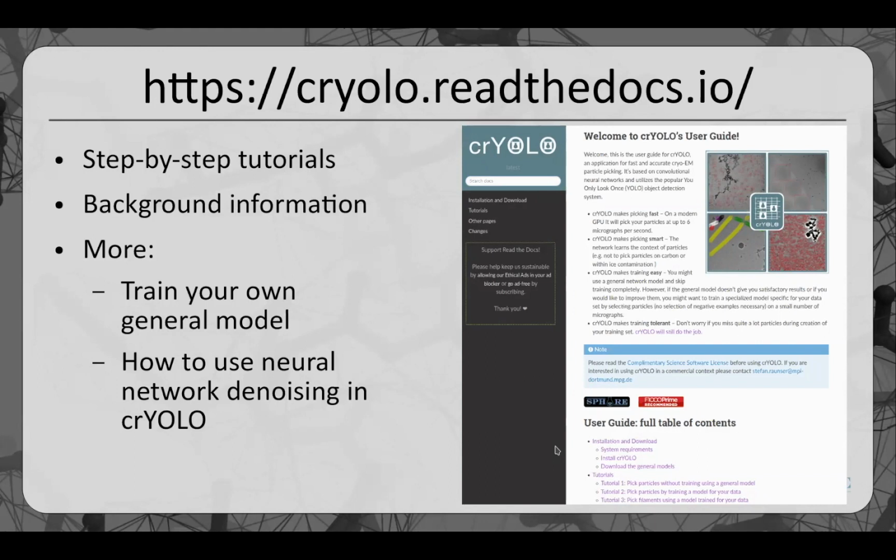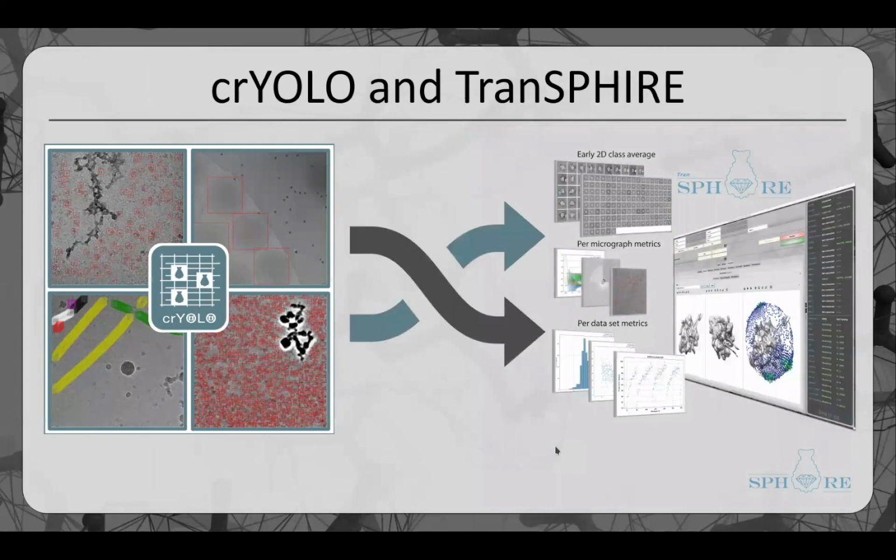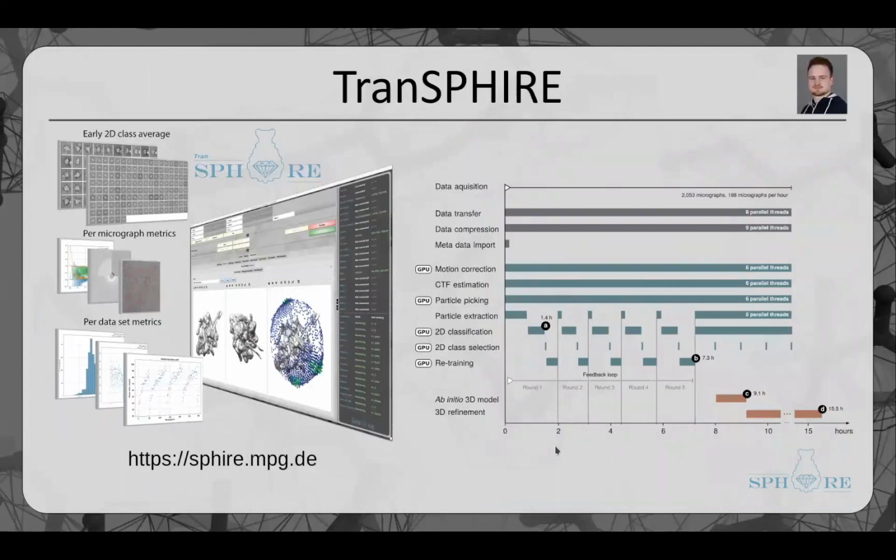So that brings me to the next part of this presentation, the integration of crYOLO into Transphire. Transphire is a tool for automated processing, and it's developed in our group by Markus Stabrin.